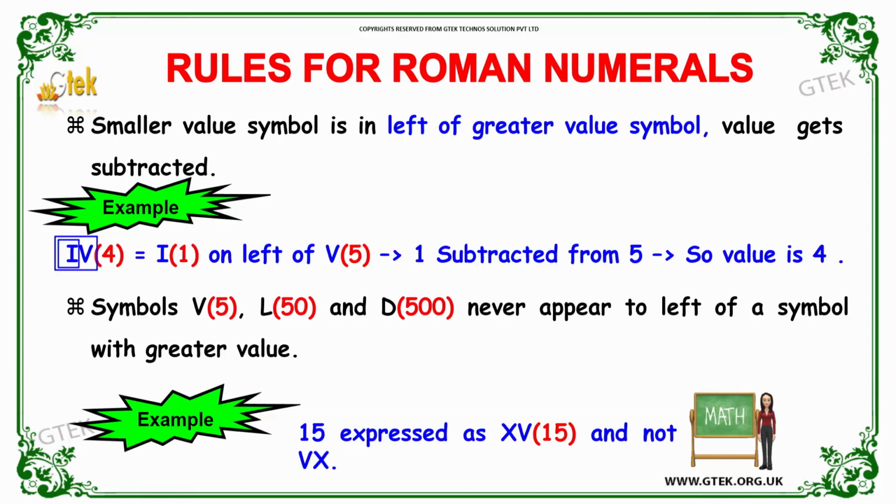Here, V is nothing but 5 and I is 1 and it is to the left of 5. So this implies 1 is subtracted from 5. So the value of the Roman number IV is 4.